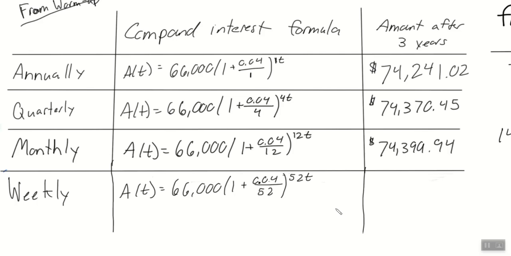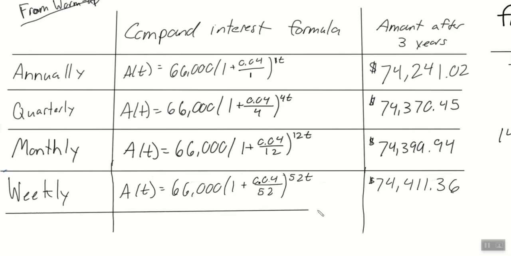Okay, sorry. Naomi got a bigger value. Naomi got 74,411.36. Do we agree? Yes. Okay. Sonny wanted to do daily.